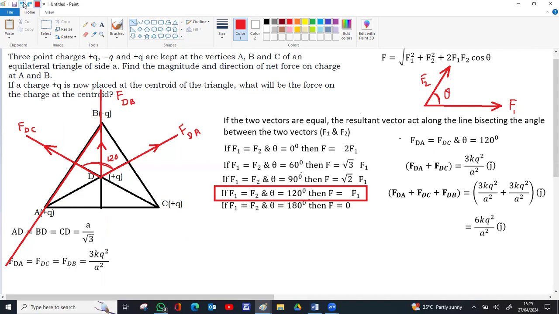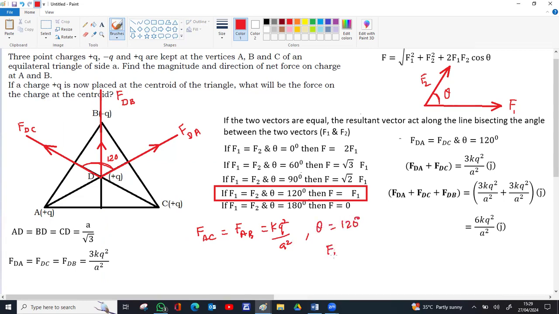So if you understood, mathematically speaking, force on A due to C equals force on A due to B magnitude wise, they are kq square by a square, and the theta between them is 120.